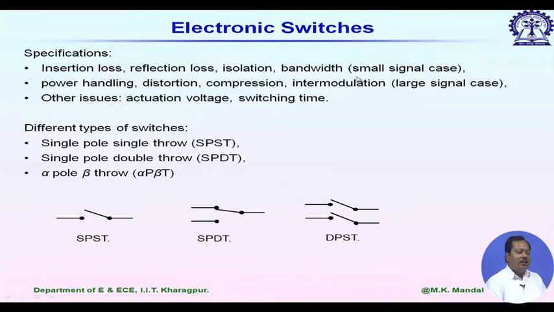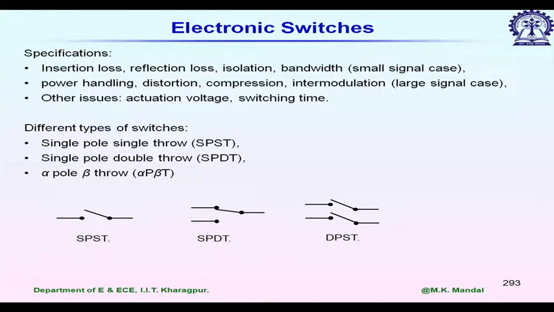Then what is the effect of intermodulation? Because of the non-linearities, we may have distortion or intermodulation effect, and why is it so important? Because it can generate other frequency components which can interfere at the receiver side. So, we have to be very careful about these points when we go for high power applications.